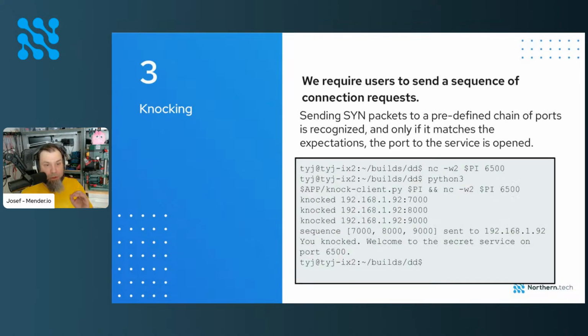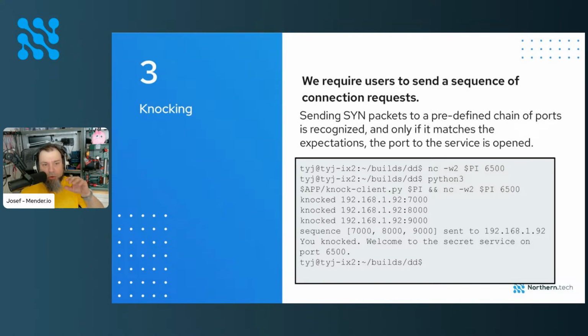In port knocking, you send a small SYN request, which is like you attempt a new connection. You send a connection attempt to your server on a port which is closed. Nothing's going on there. And the server says, hey, somebody tried to connect to this port. Is it the right one? Let's check for the next.